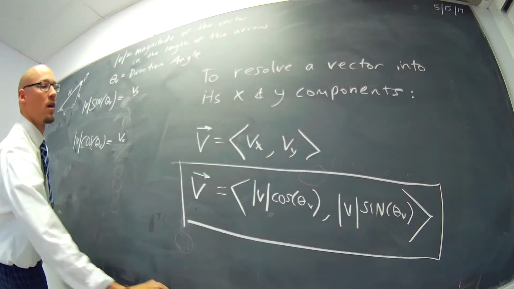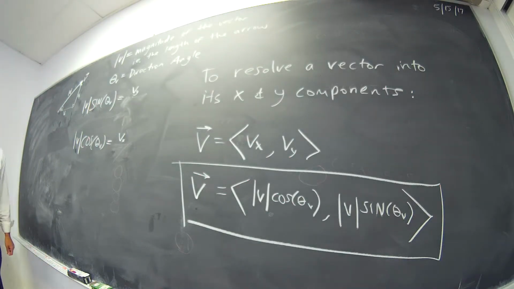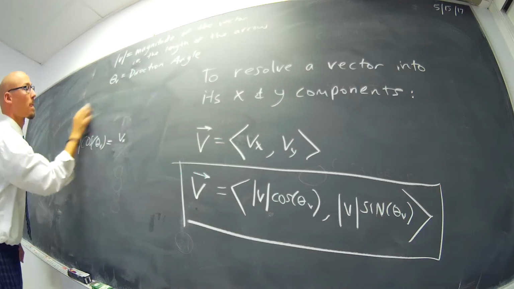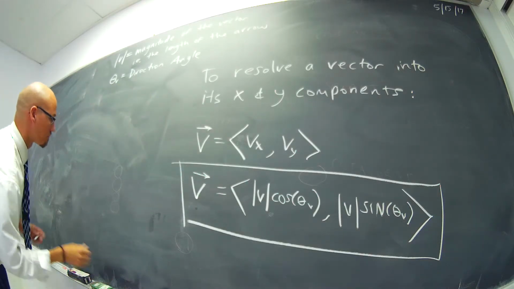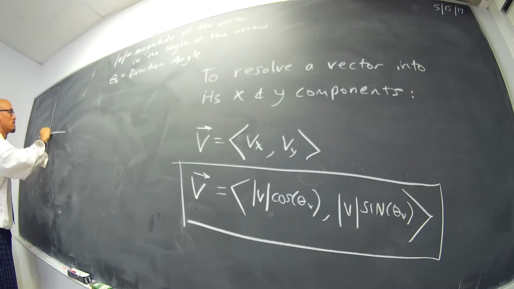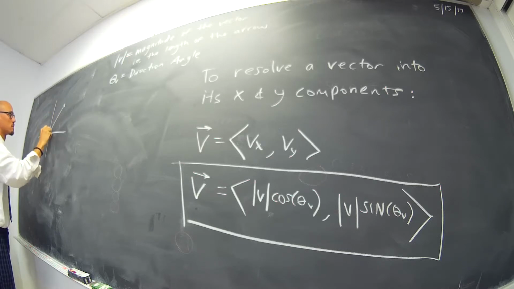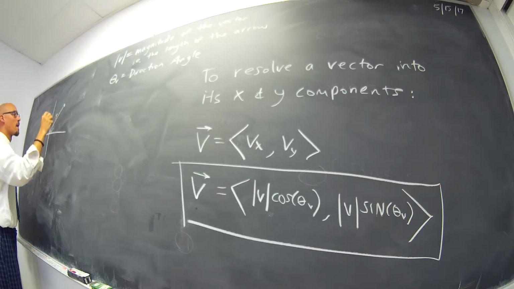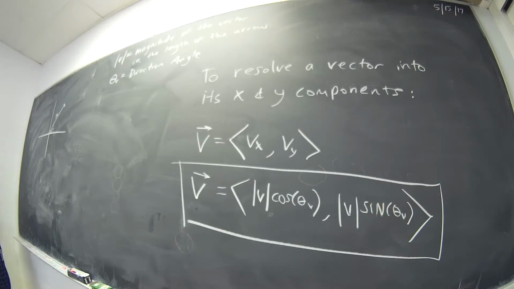So, bless you. Let me throw up an example. Let's say we have a vector that is 5 meters at a 60-degree direction angle.